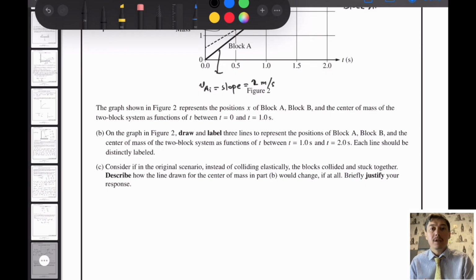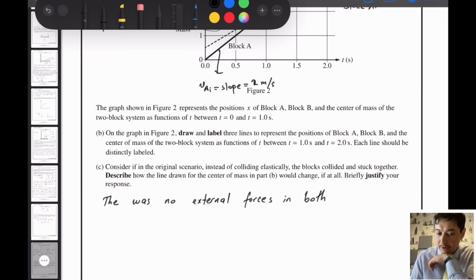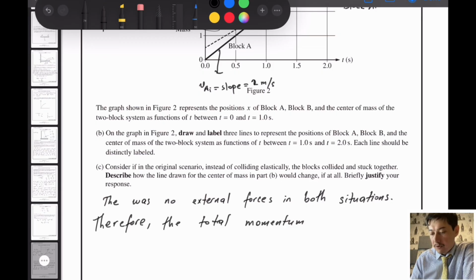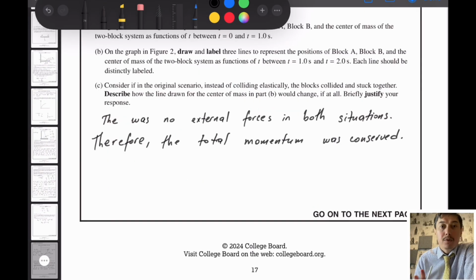That's the main idea behind the conservation of momentum, right? So how do we answer this question? There was no external force in both situations. Therefore, the total momentum was conserved. In both situations, the total momentum before and after was the same.